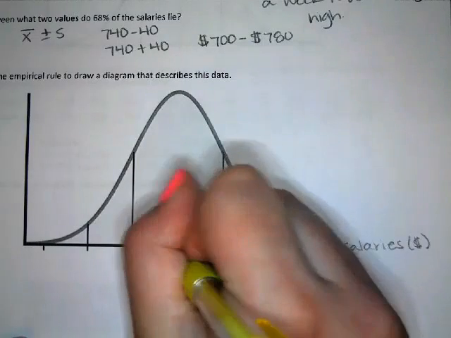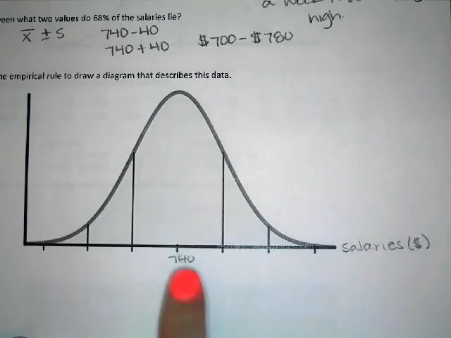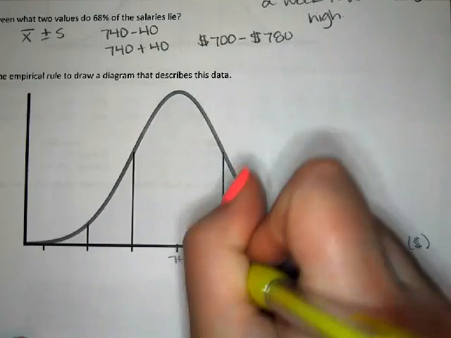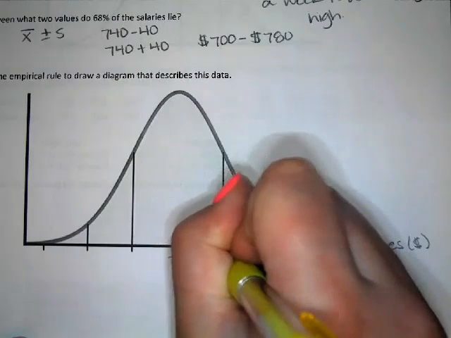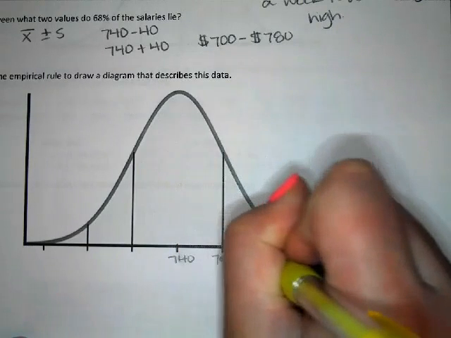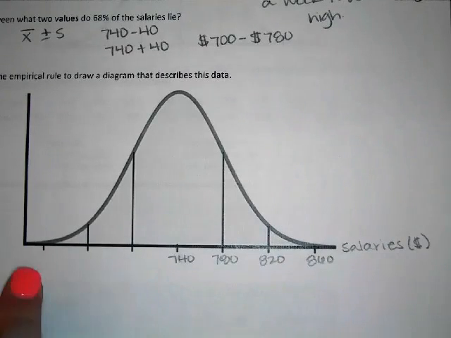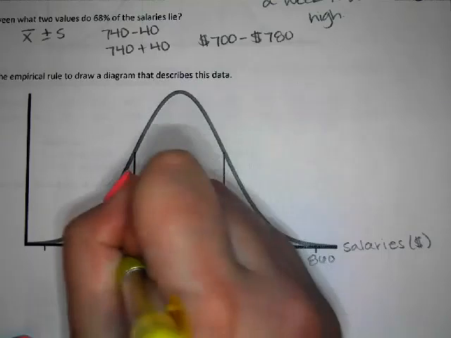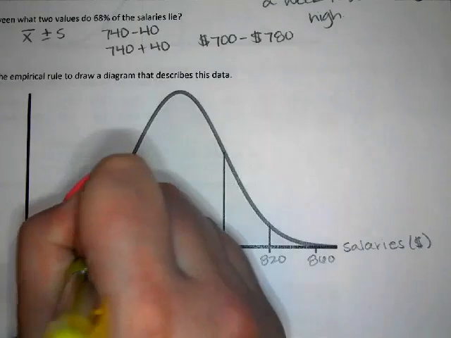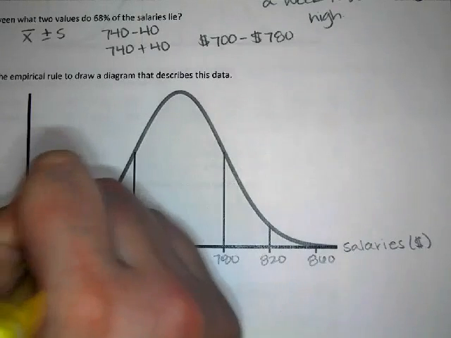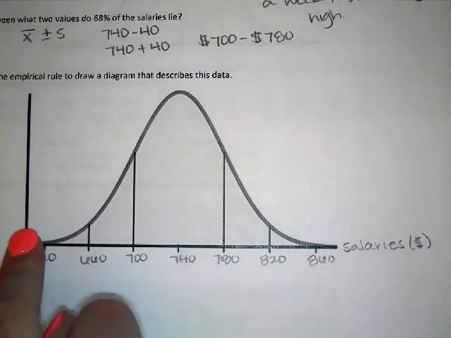Okay, so we're going to go up and add 1 standard deviation for each line, 780, 820, 860. And then we'll go down and subtract a standard deviation for each line, 700, 660, 620. And then along the y-axis is just the frequency.